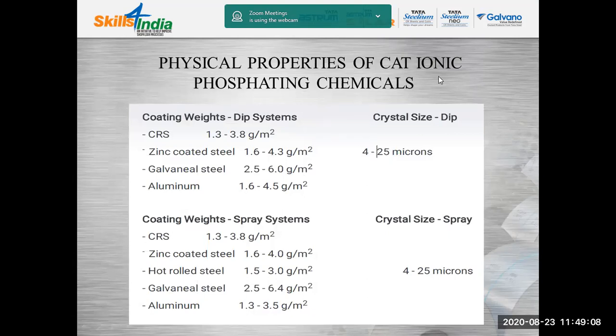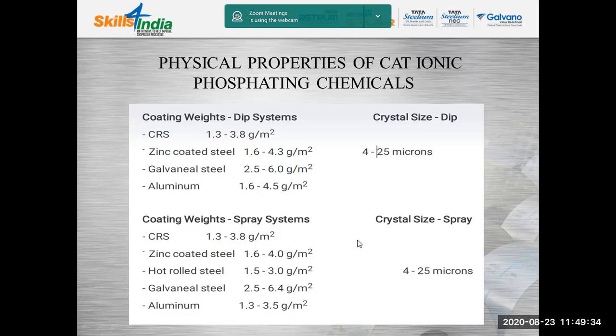These are the physical properties of cationic phosphating chemical. Coating weight, dip system: CRS, cold rolled steel, 1.3 to 3.8 grams per square meter; zinc coated steel, 1.6 to 4.3 grams per square meter; then galvanized steel, then aluminum.